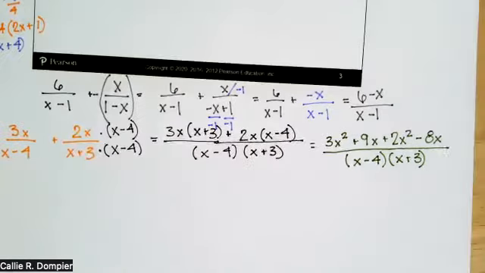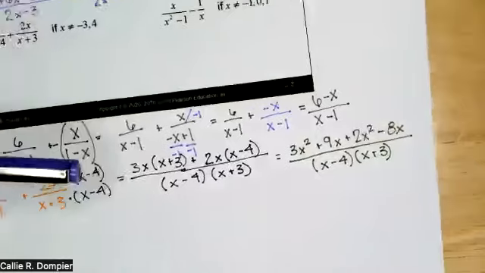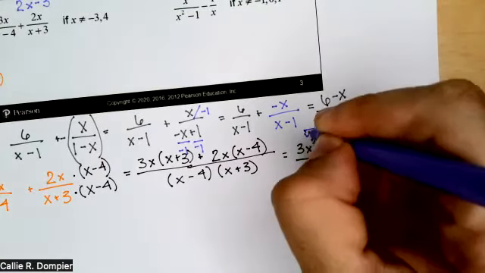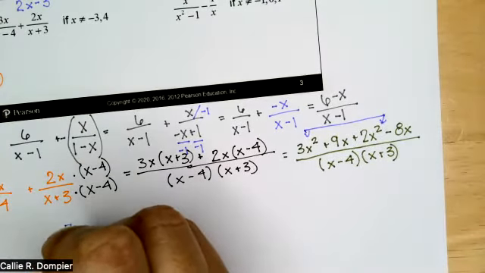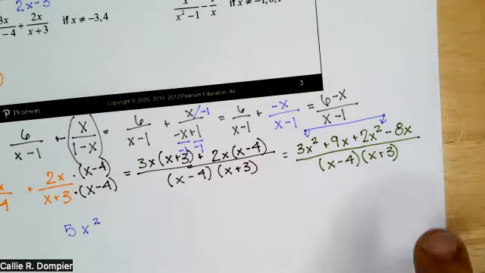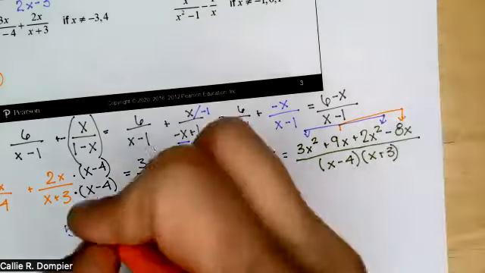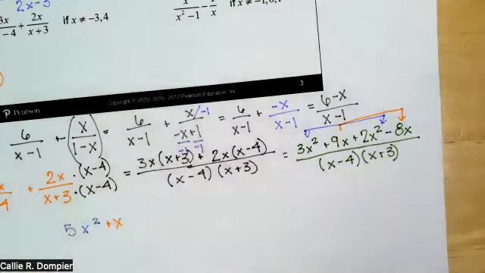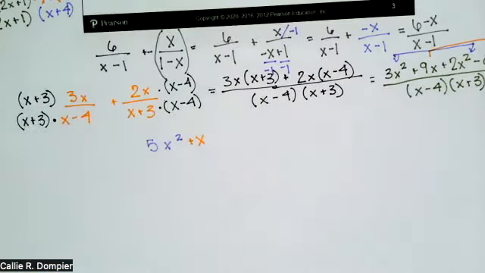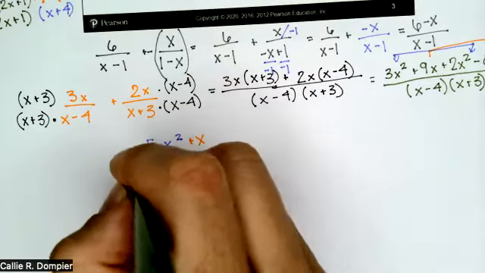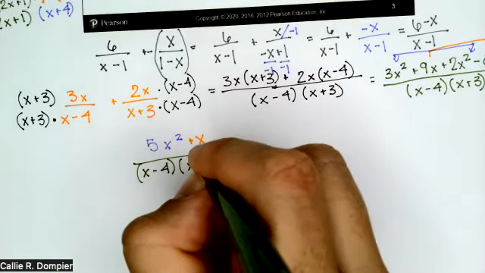Now I can combine like terms. 3x squared and 2x squared become 5x squared. Positive 9x minus 8x becomes plus x. Over x minus 4 times x plus 3.